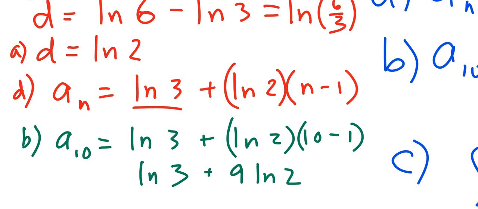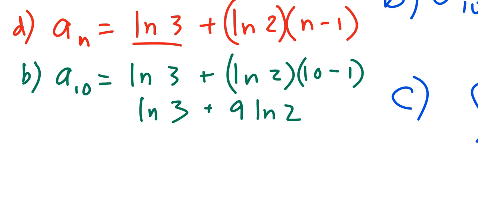What if we required you to put that into a single log? That's a good idea. Because single logs all have coefficients of 1. Clearly, this has a coefficient of 1. Clearly, this does not. So what are we going to do with that 9? I hope you were saying, well, King Julian would tell me to move it. That's right.